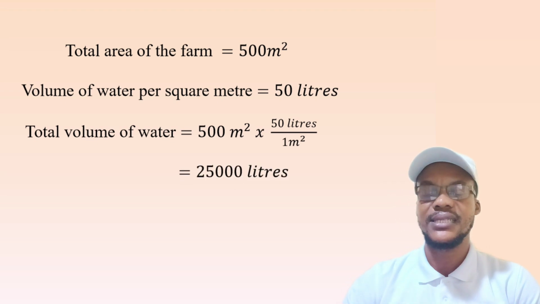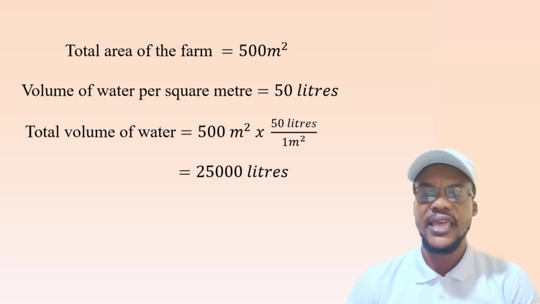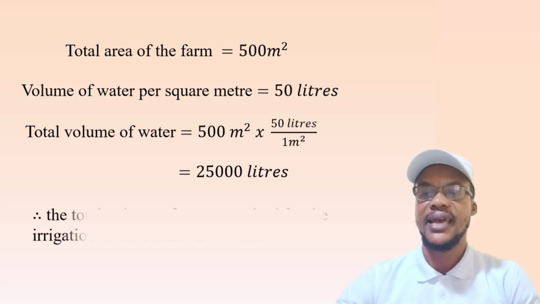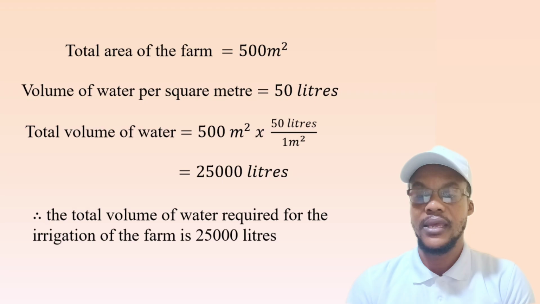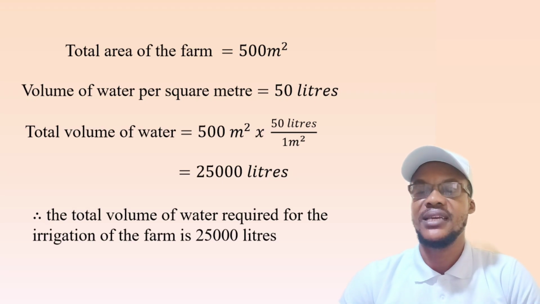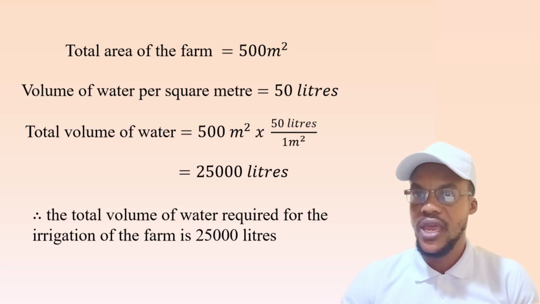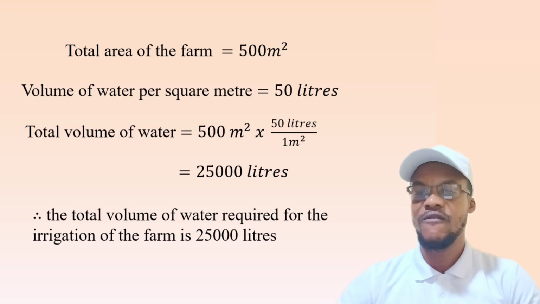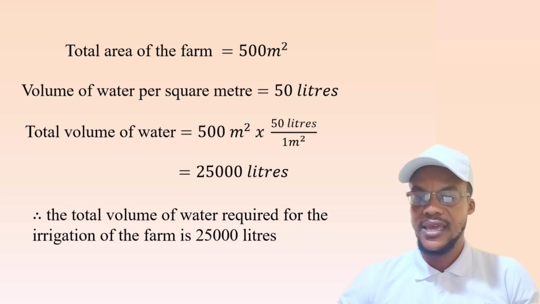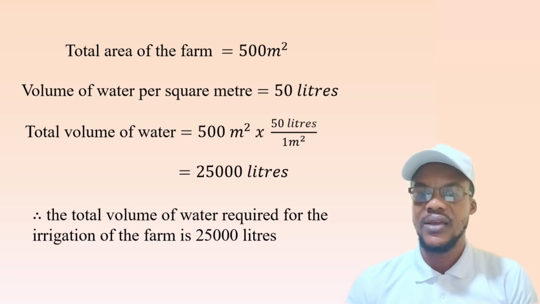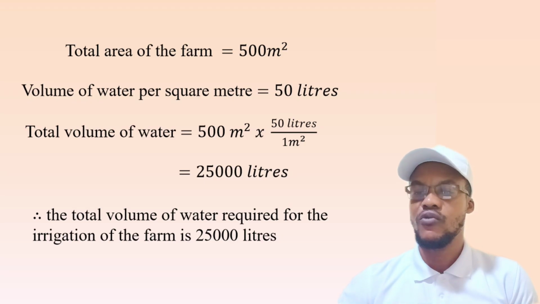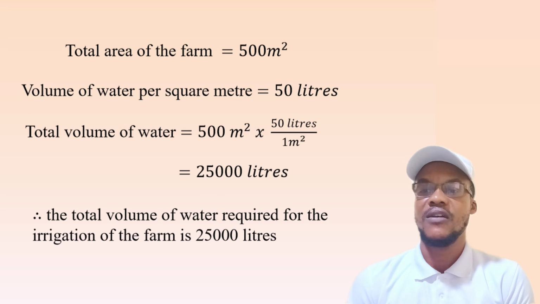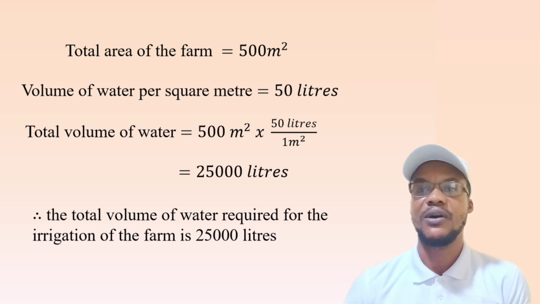So if you take the entire farmland, the 500 meter square land, the volume of water needed for the whole land will be 25,000 liters of water.